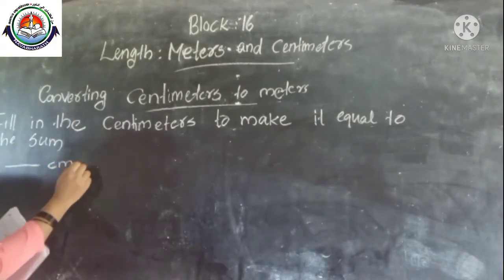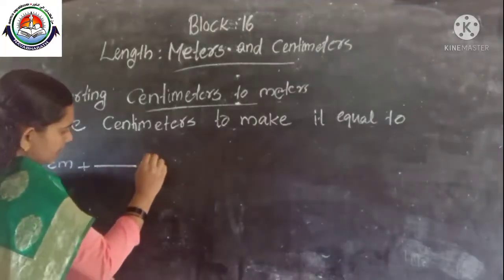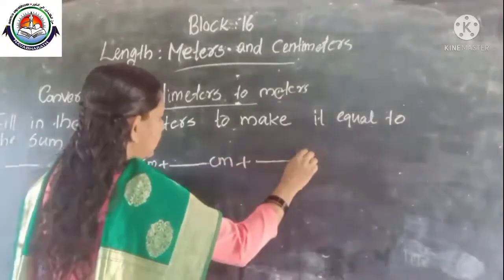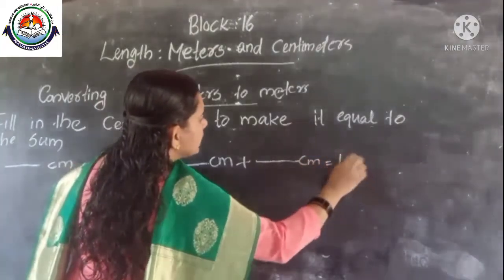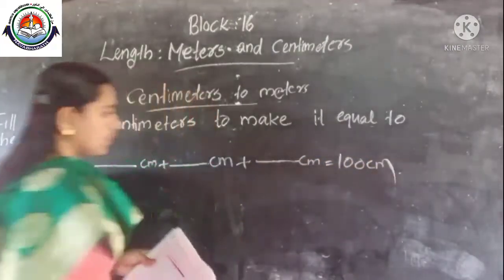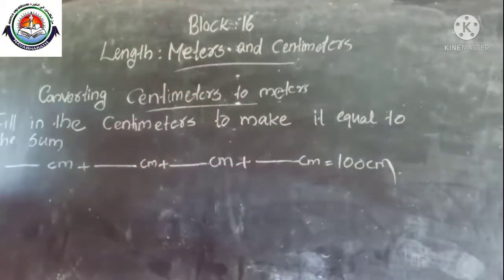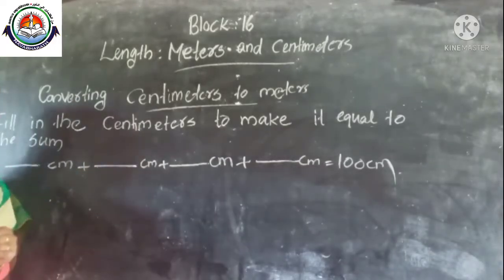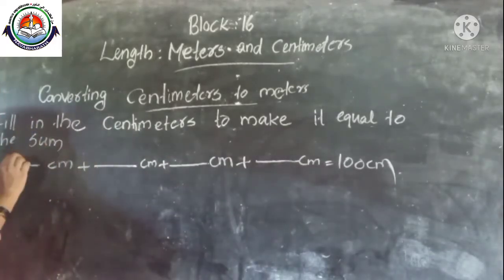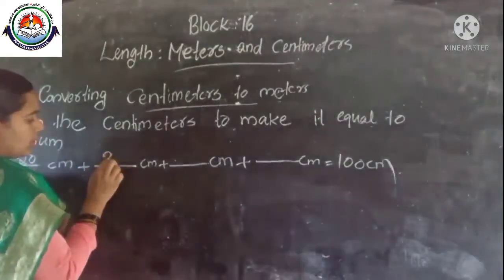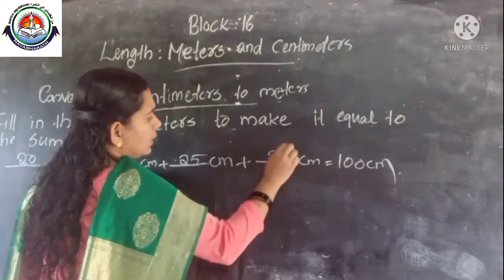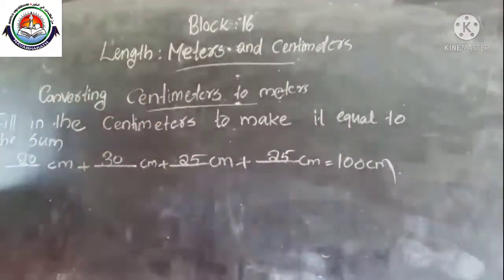Dash centimeter plus dash centimeter plus dash centimeter plus dash centimeter is equal to 100 centimeter. So the 4 dashes you want to make 100 centimeter. How? One is 20 centimeter, here 30, 25, 25. This is also 100 centimeter.